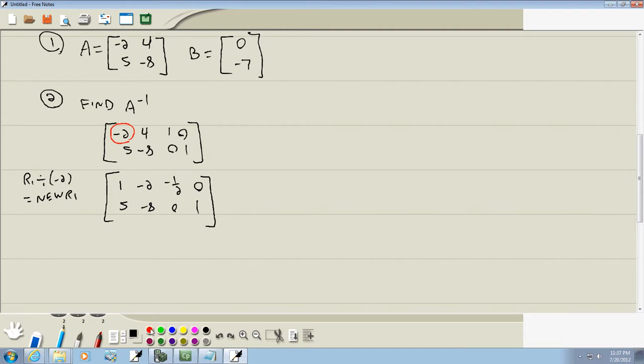Well, now we need to get a 0 here. So we're going to take negative 5 times row 1 and add that to row 2 to give us our new row 2. Okay, so row 1 doesn't change.